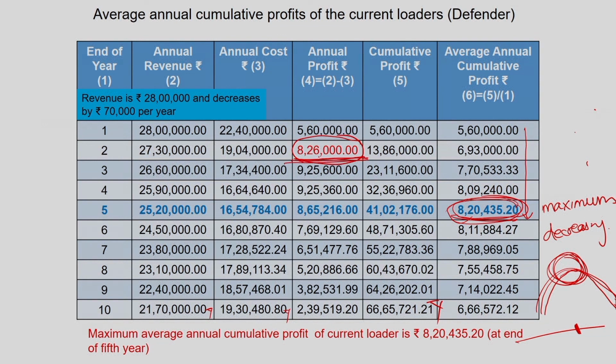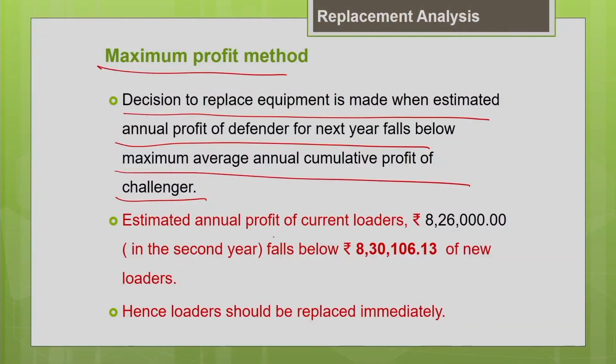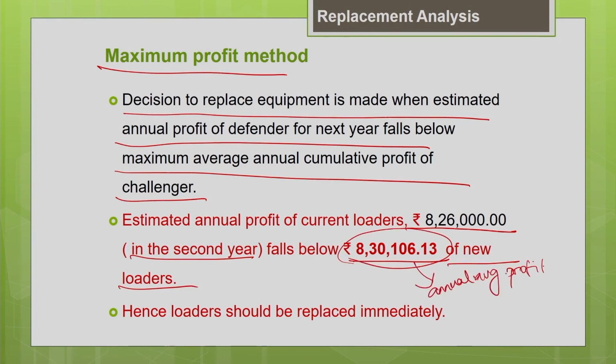Now you compare this value with the maximum profit achieved by your challenger, which is 8,30,106. So the estimated annual profit of the current loader is 8,26,000 in the second year. This is lesser when compared to the new loader.